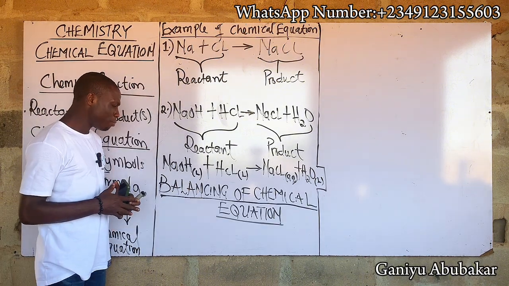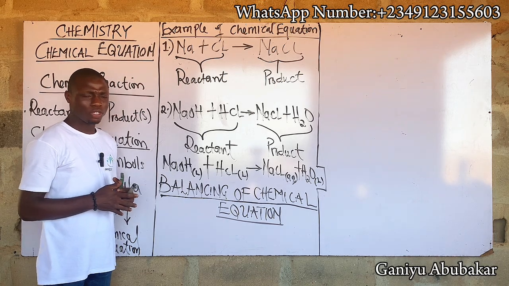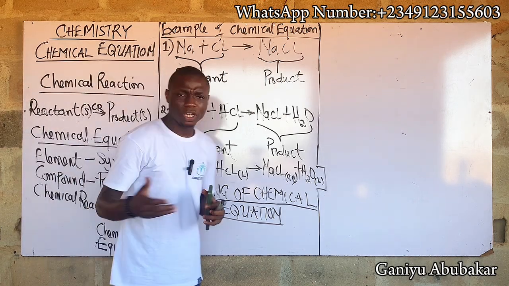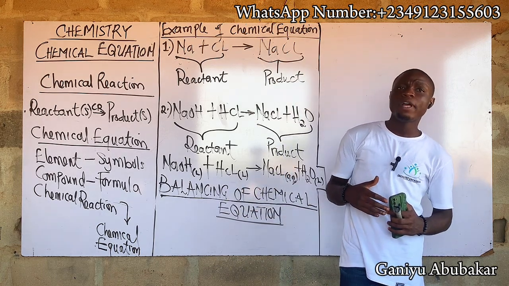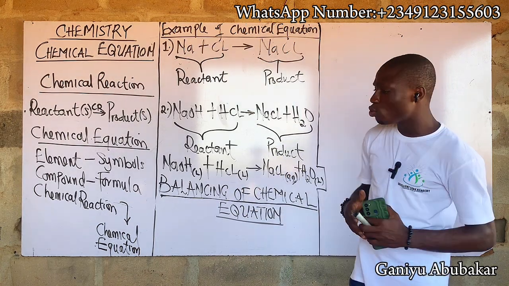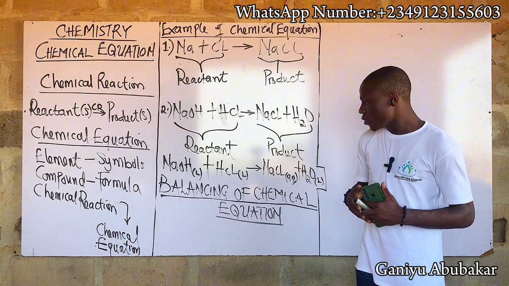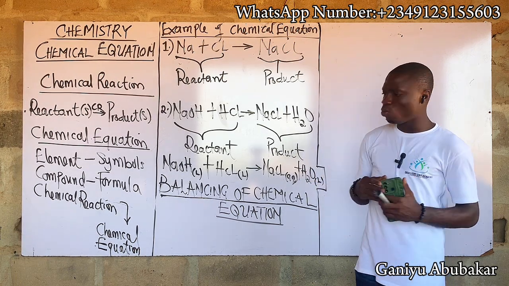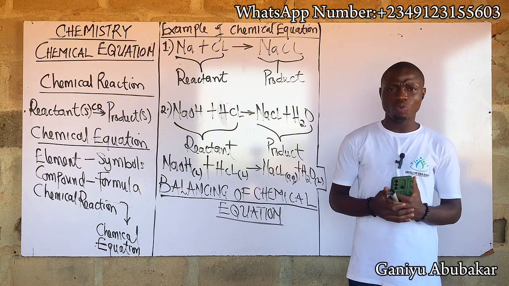Let's look at the concept of balancing of chemical equation. The reason why I treated this topic, chemical equation, is to teach you guys how to correctly balance a chemical equation. Now, if I may ask you, what is the definition behind balancing of chemical equation?